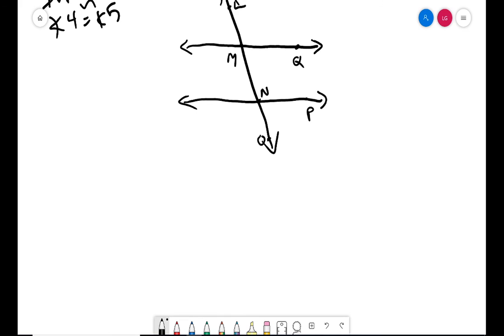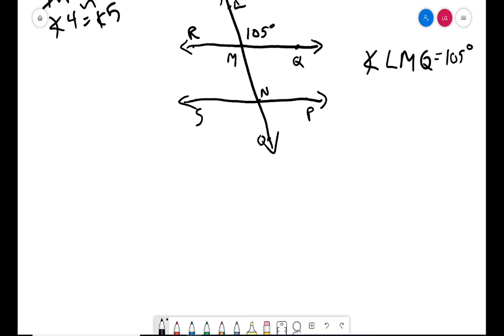That's O, S here, and R here. Okay. So for example, this angle, and this is given to us as well, 105 degrees. So the angle LMQ is 105 degrees.